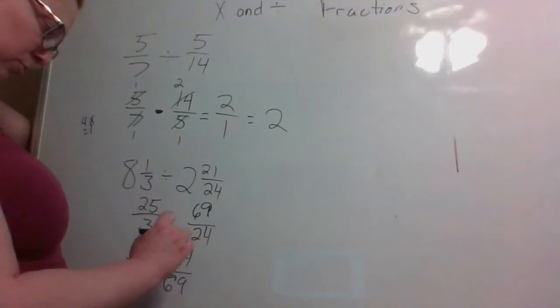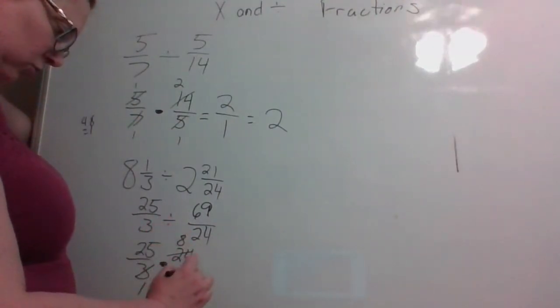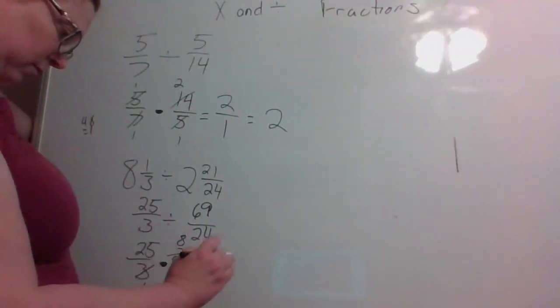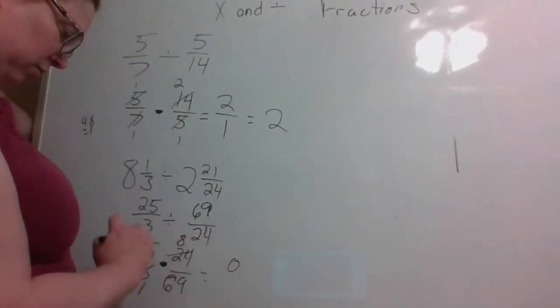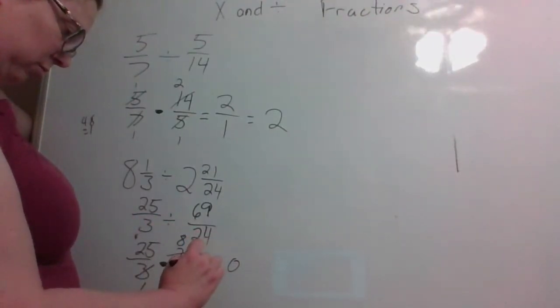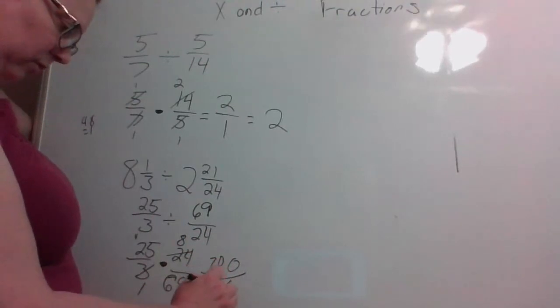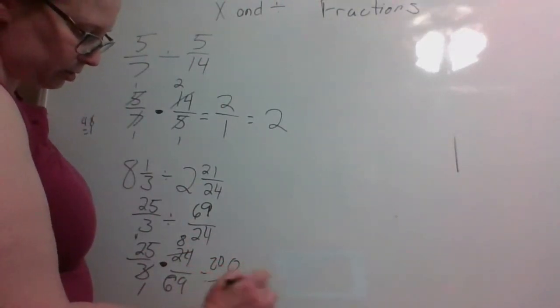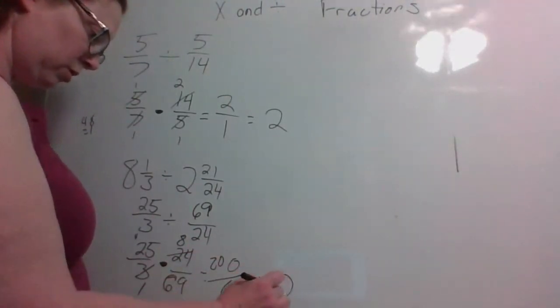So now I have to multiply 8 times 25. And make this into a mixed number.